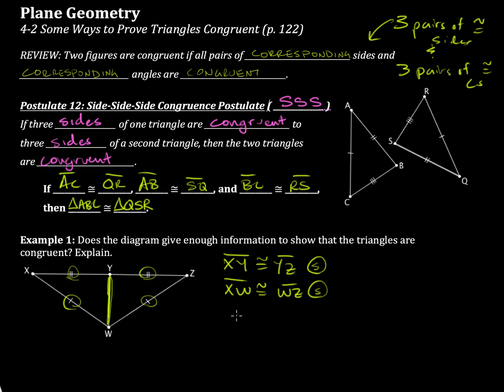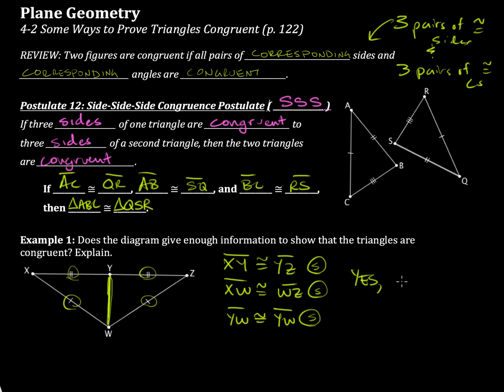And we learned a while back about the reflexive property that says that everything is congruent to itself. So when we state that segment YW is congruent to itself, we are actually stating that one of the sides of the triangle on the left is congruent to the corresponding side of the triangle on the right. It's just that YW is a side of both triangles. So there's my third pair of sides.